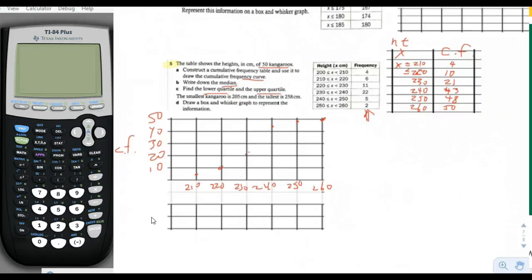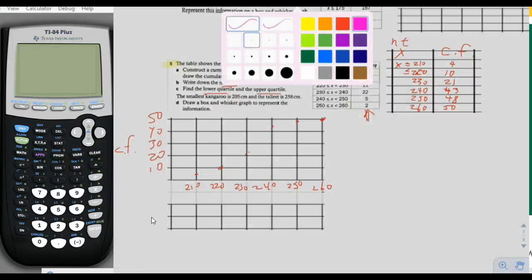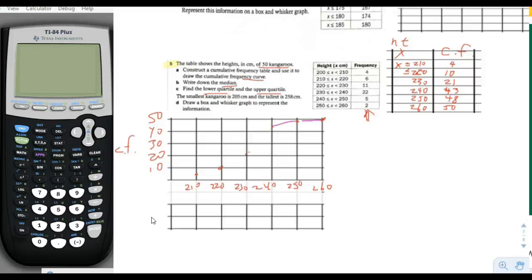And 260, comma 50, right there. Let's connect everything together, and we usually just connect that to 0.